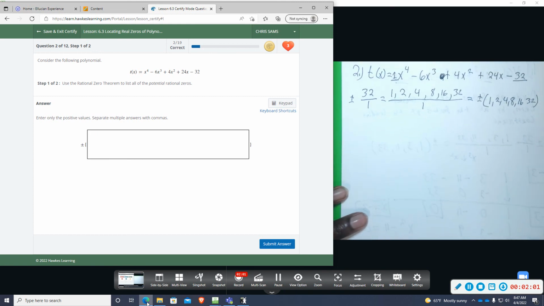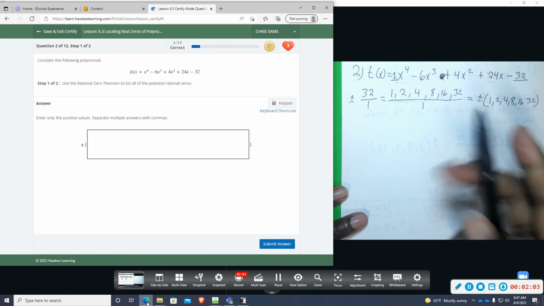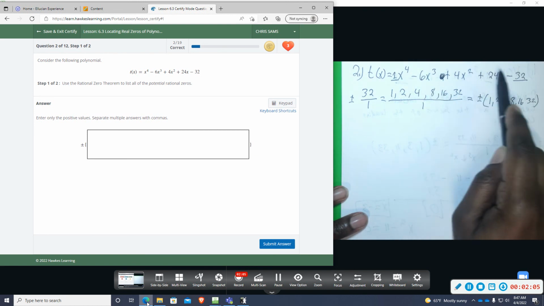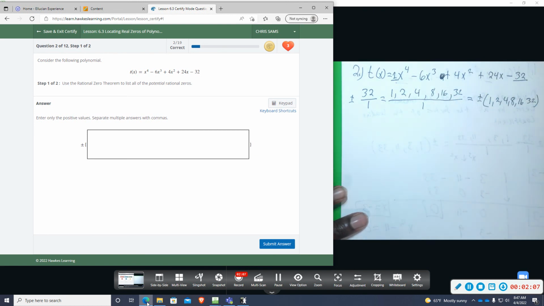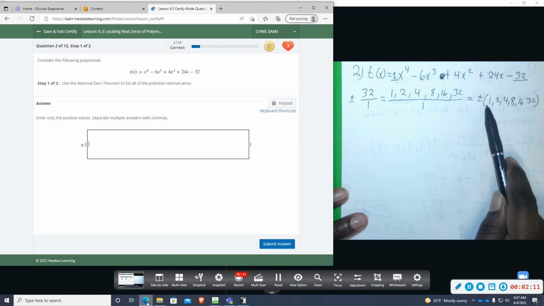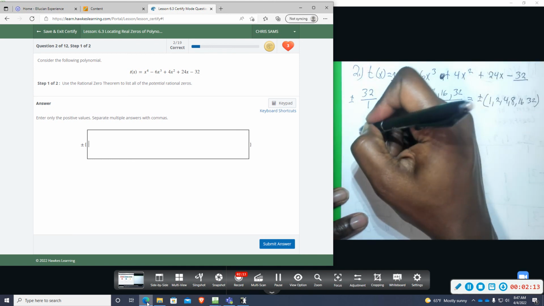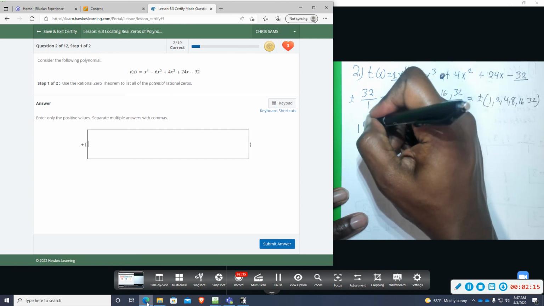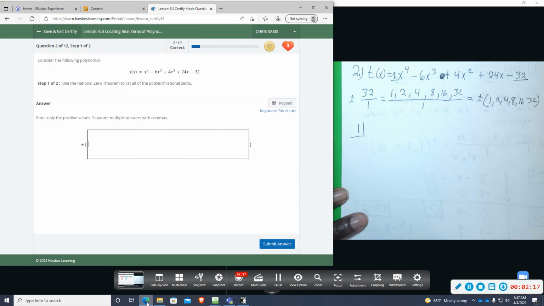Okay, so our polynomial is 4, 3, 2, 1, 0, we're not missing any terms. We're just going to start with 1 and work our way up. This is if you didn't have a calculator and you don't know which of these numbers work. We're just going to guess and check.